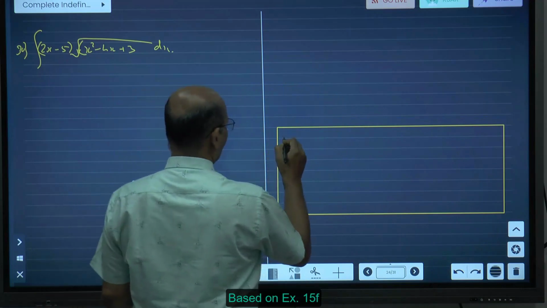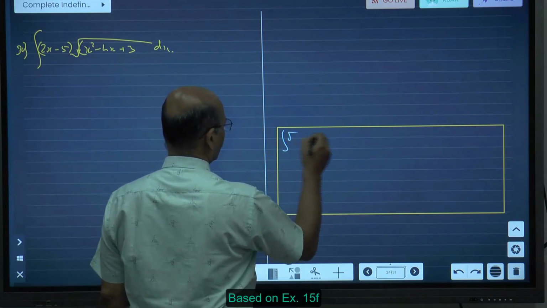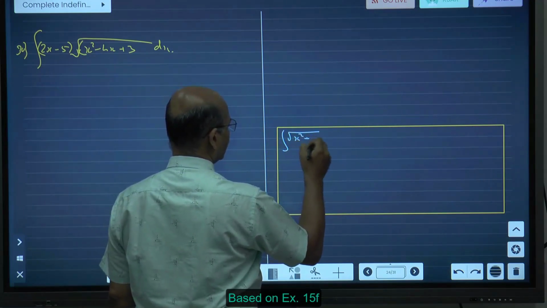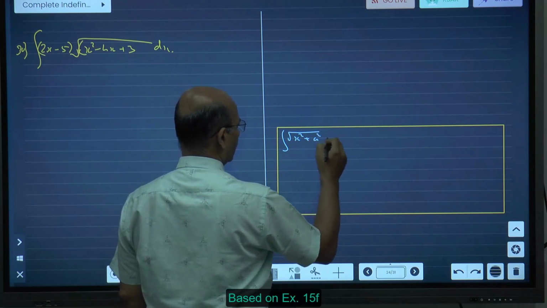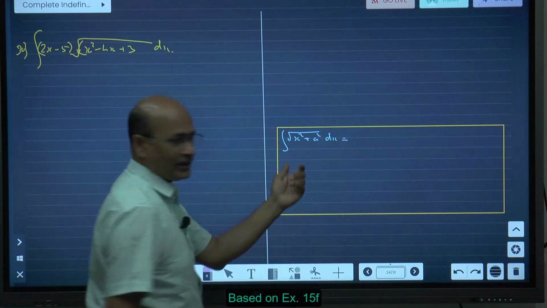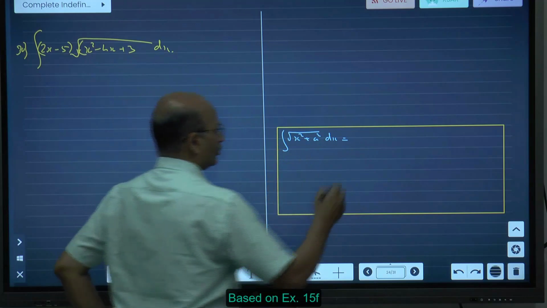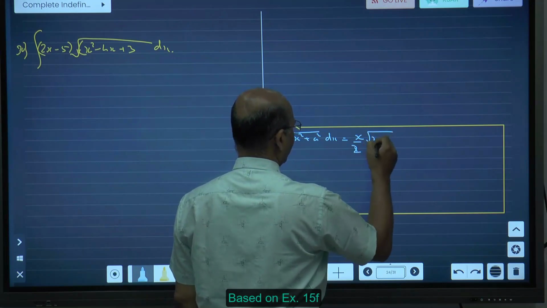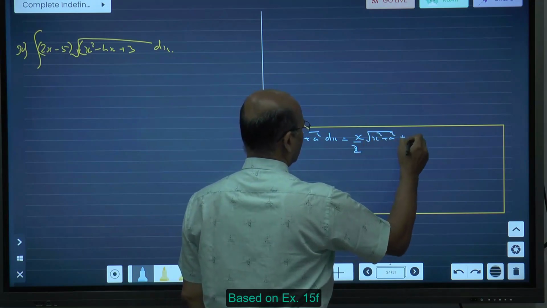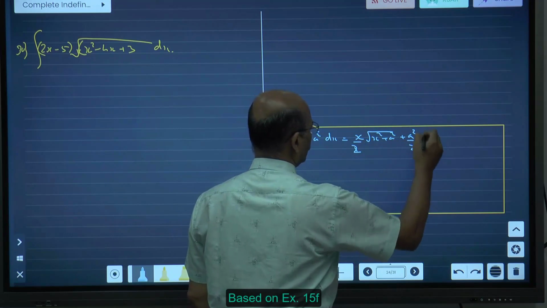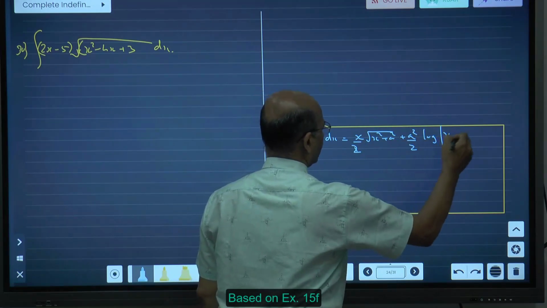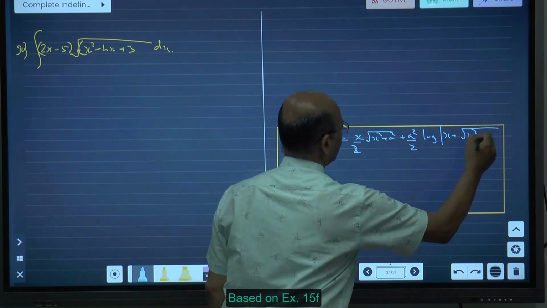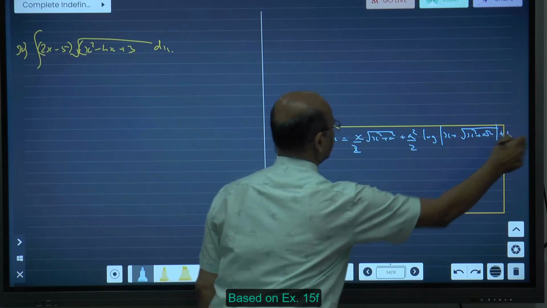First is integral root of x square plus a square dx. See, there is no denominator, but by term in the numerator. So this is nothing but x by 2 root of x square plus a square plus a square by 2 log of x plus root of x square plus a square plus c.